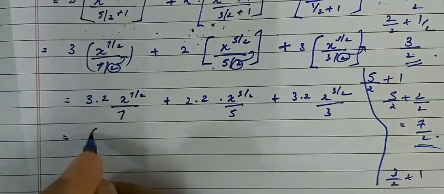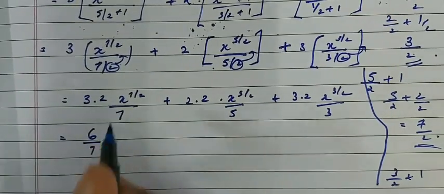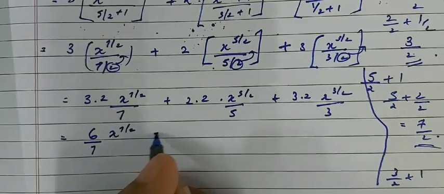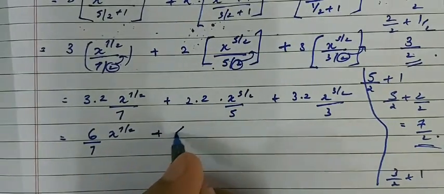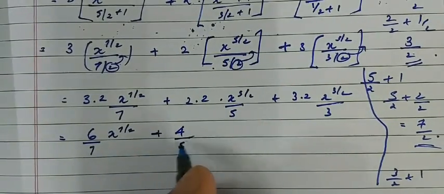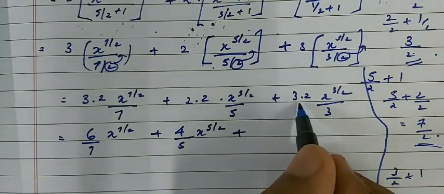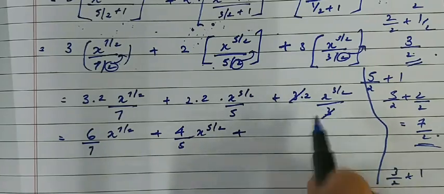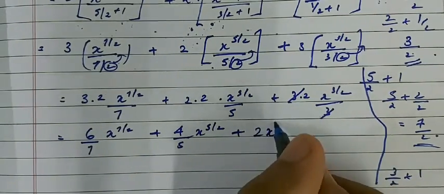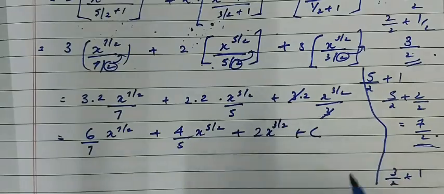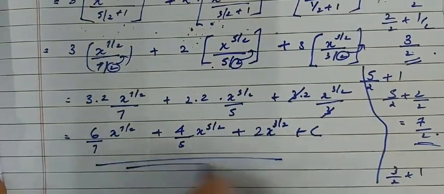Now 3 into 2 by 7 x raised to 7 by 2, 2 into 2 by 5 x raised to 5 by 2, plus this 3 and this 3 are cancelled off. So 2x raised to 3 by 2 and finally plus c.